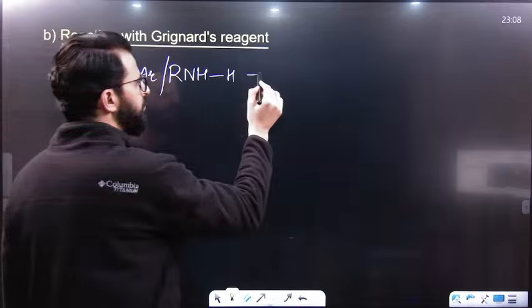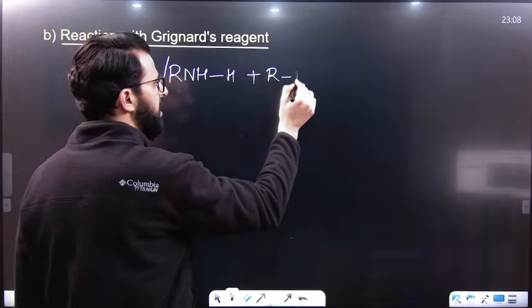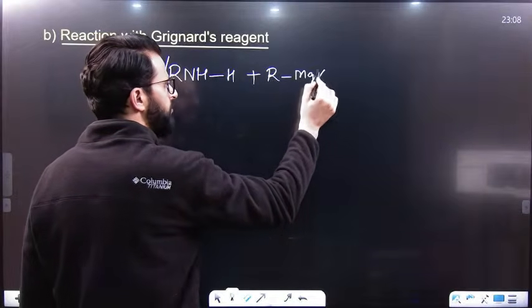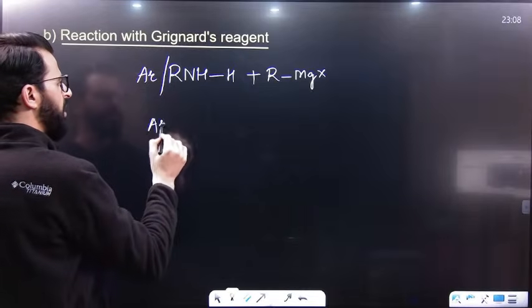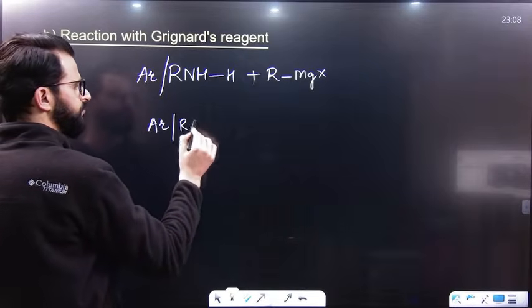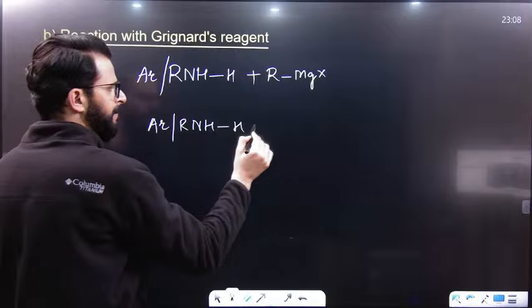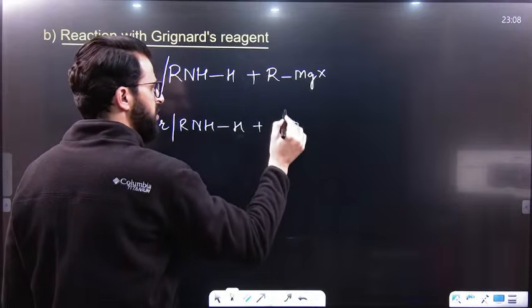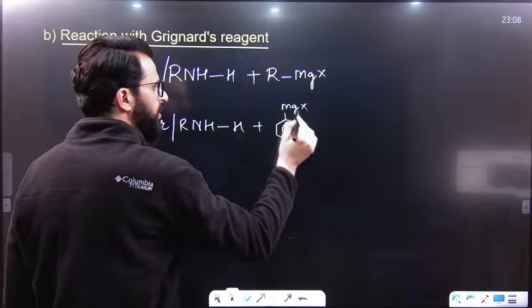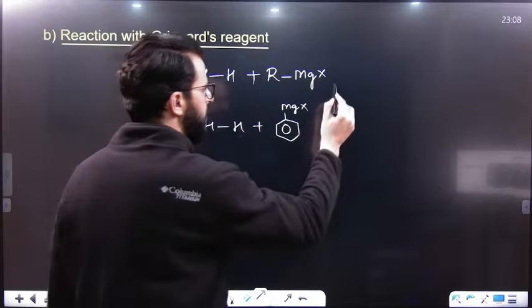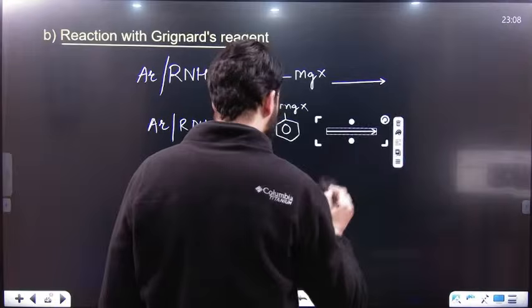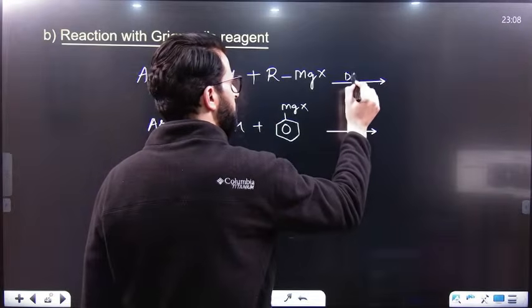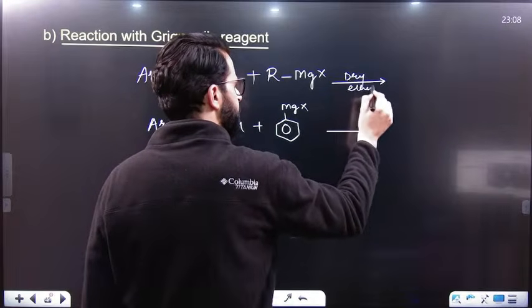When it is treated with Grignard's reagent, the Grignard reagent is either alkyl magnesium halide or it can be aryl magnesium halide, such as phenyl magnesium halide. Remember, this is a Grignard reagent, and this is also a Grignard reagent. Grignard reagent generally reacts in dry ether.